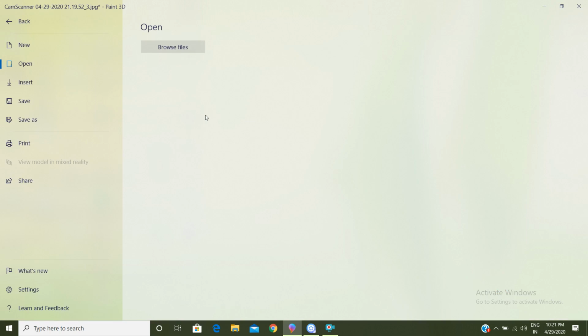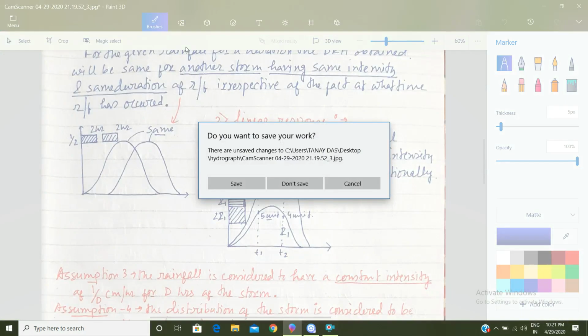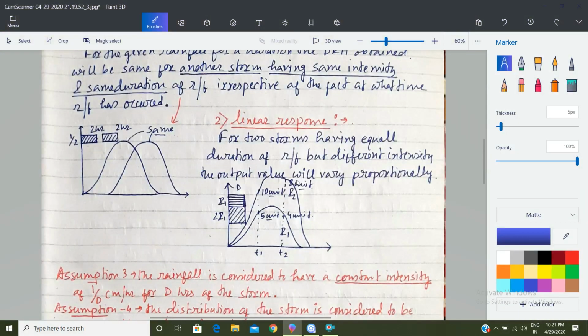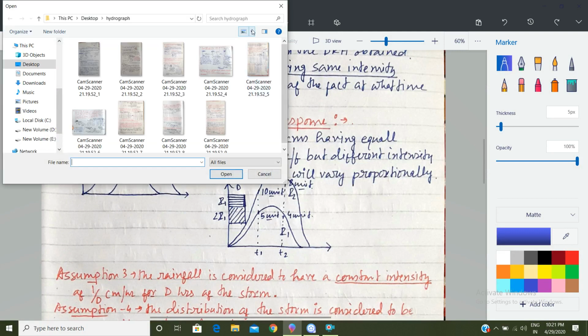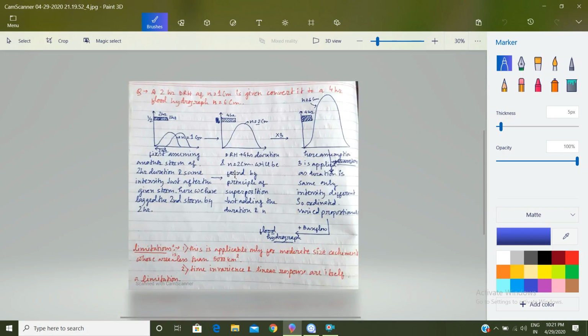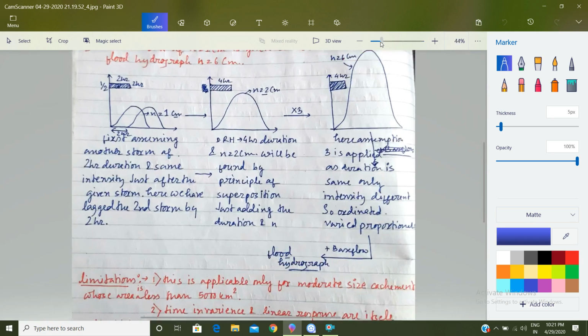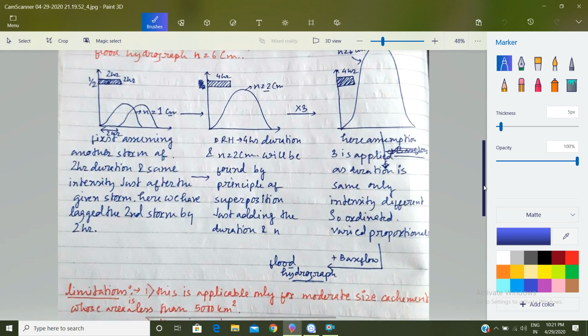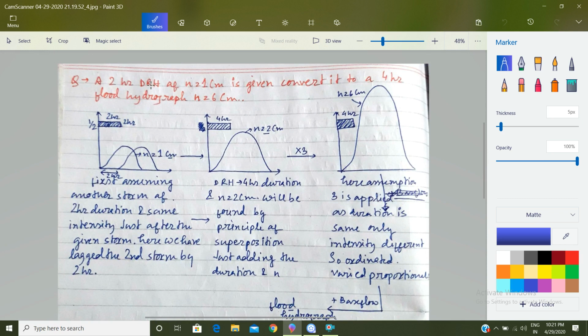Now let's go to the next page. Now see, this one is important. A 2 hour direct runoff hydrograph of n equal to 1 centimeter is given.